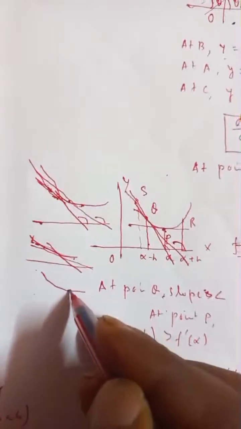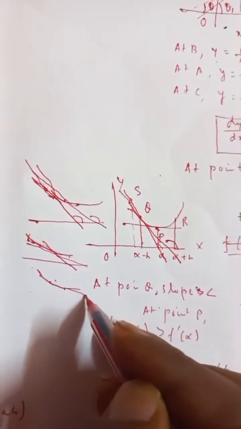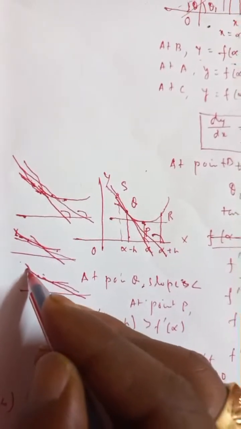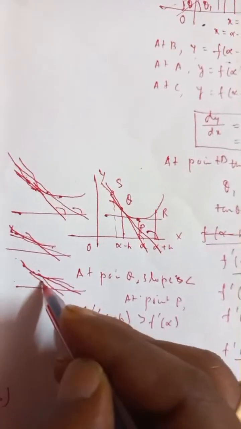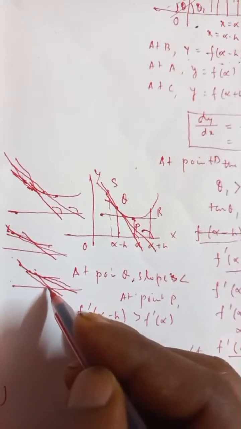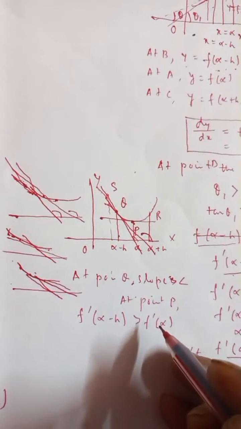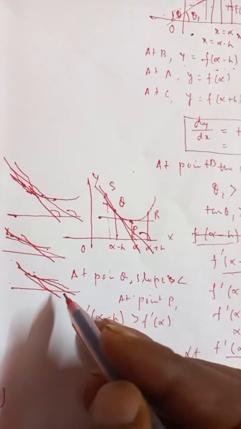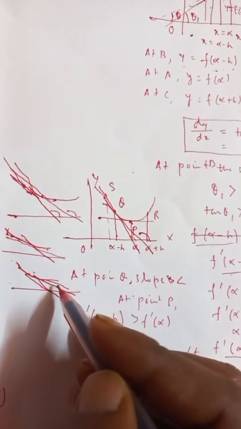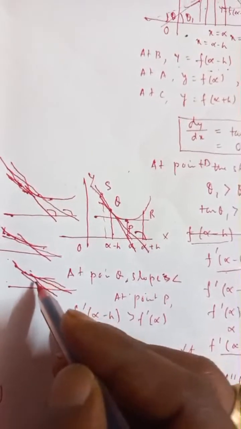Since I have set three points, at the minimum point the slope will be maximum.